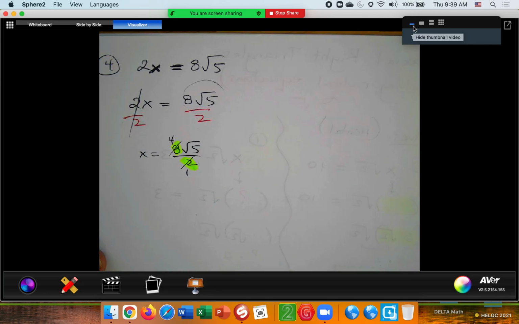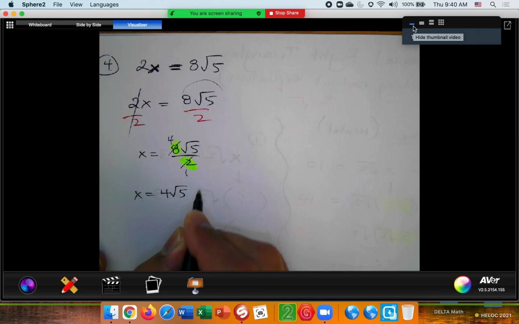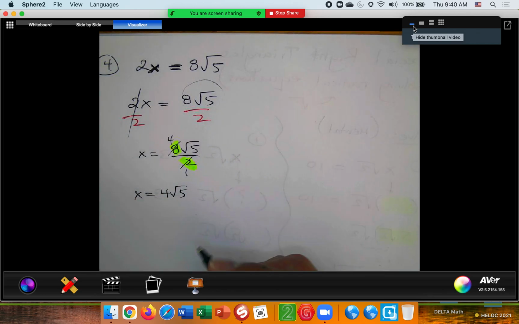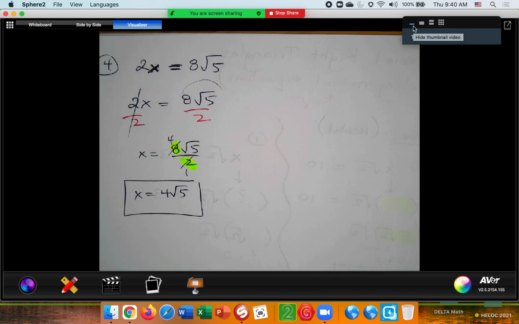So in this case, it does reduce. The answer is 4 root 5. When you have a 1 in the bottom, you don't have to write it.